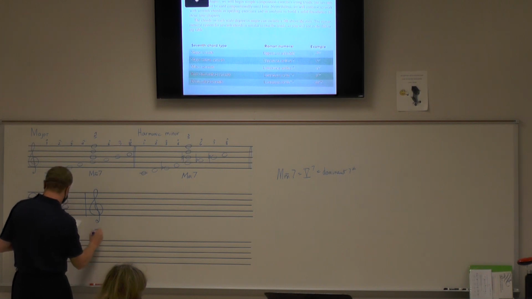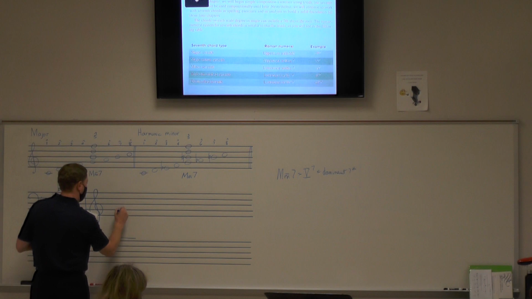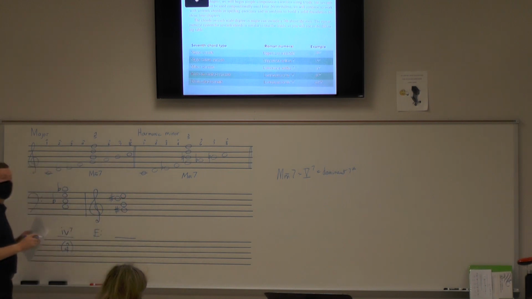Maybe a little less straightforward, but still doable, not impossible. I'm going to give you a seventh chord in the key of E major, and the seventh chord is going to look like this. Is that seventh chord in root position? No, definitely not. But because of the shortcut I told you, what note is the root?